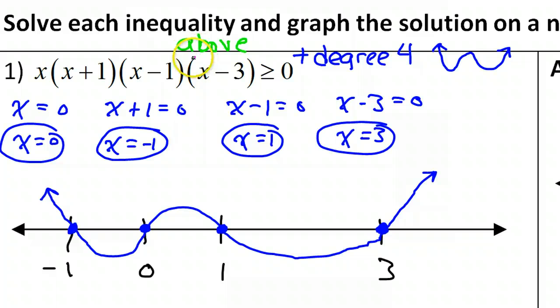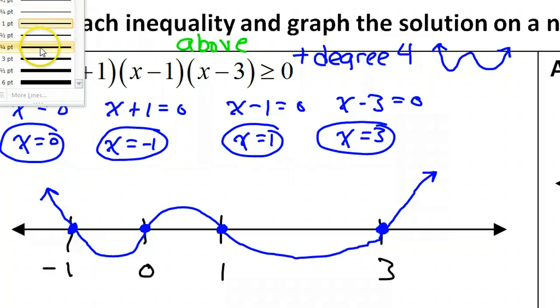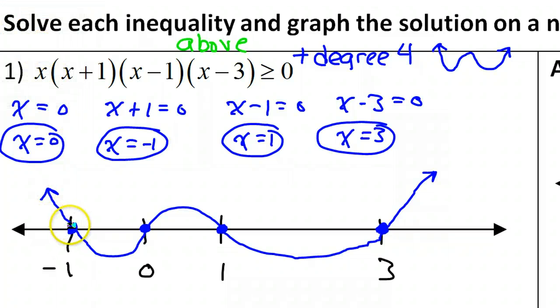But where it's above 0, alright, let's highlight that in green. It's going to be above 0 everywhere it's above the x-axis. So it'll be above 0 here, and here, and here. Okay, so here's where it's above 0.